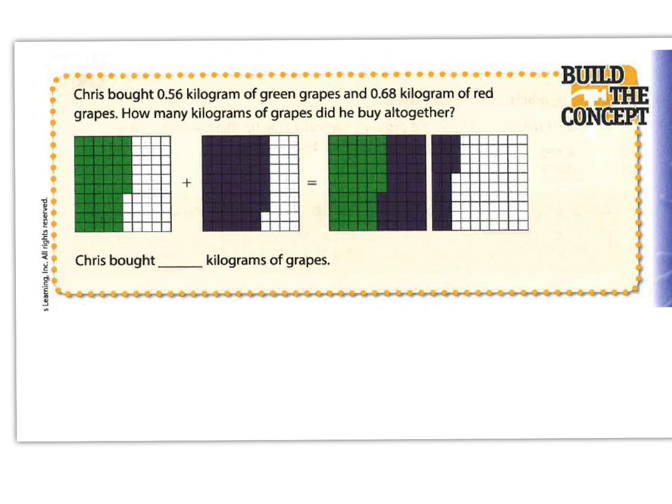So then if you combine them, they just filled in the rest of the hundreds square with the red grapes, and then they went over. So we have one whole, because this one is a one whole, and now we need to count how many hundredths. Well, each column is 10, 20, and then 21, 22, 23, 24. So 1 and 24 hundredths kilograms of grapes.